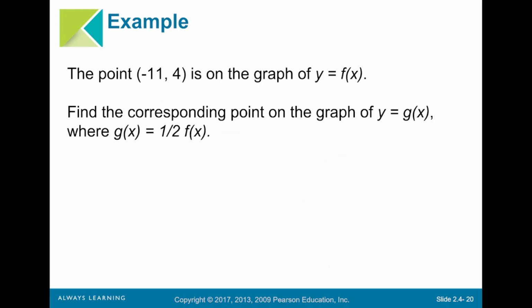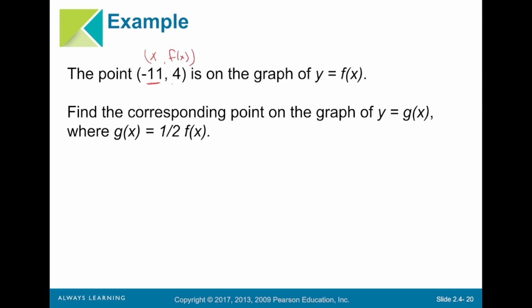Now let's suppose we're given a point (-11, 4) on the graph of y equals f of x, and we want to think about a corresponding point on the graph y equals g of x, where g of x is 1/2 of f of x. If we take (-11, 4), that is an x, f of x point.